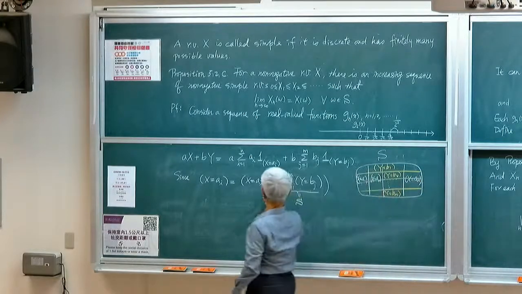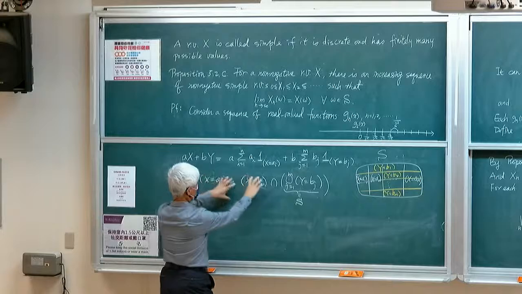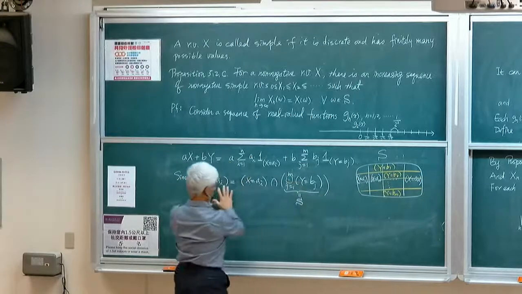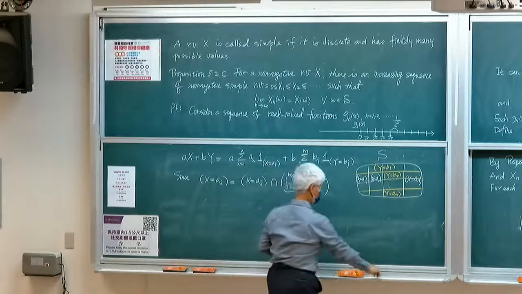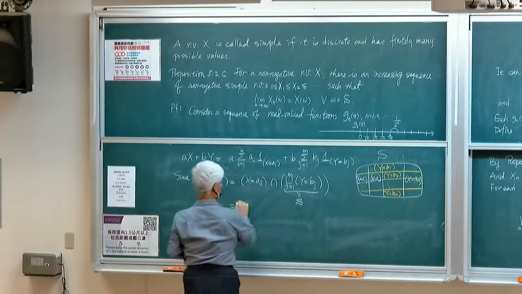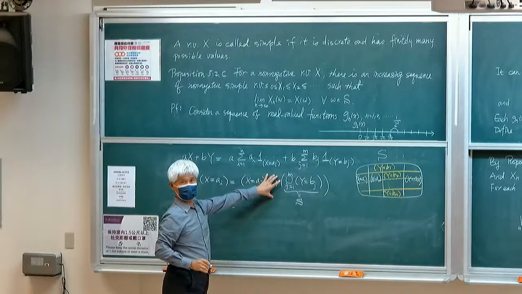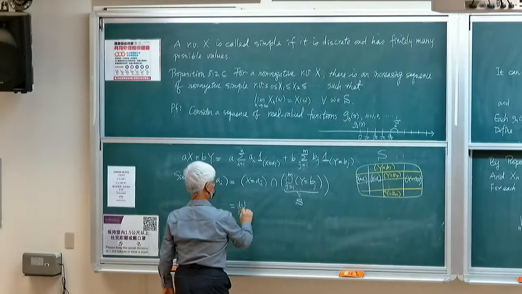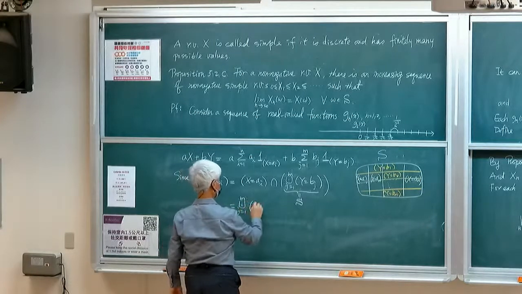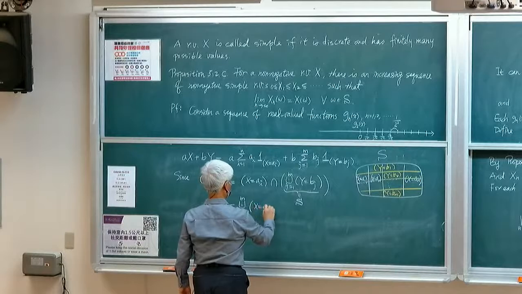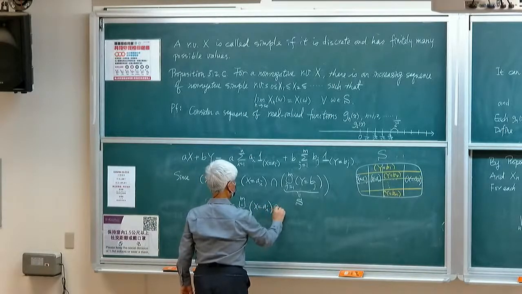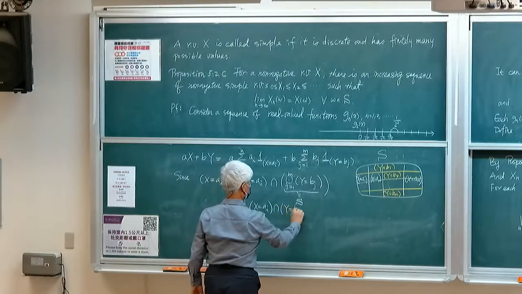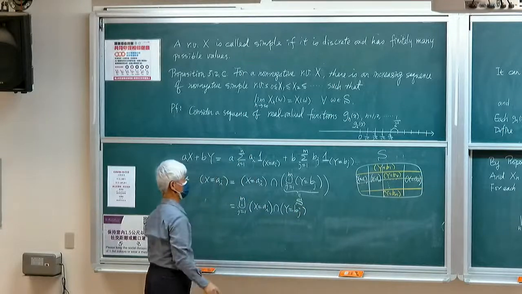All right. So this event intersected with the total event will be the same. Okay, and by De Morgan's rule, we know this is the disjoint union of x equal to a_i intersect y equal to b_j.